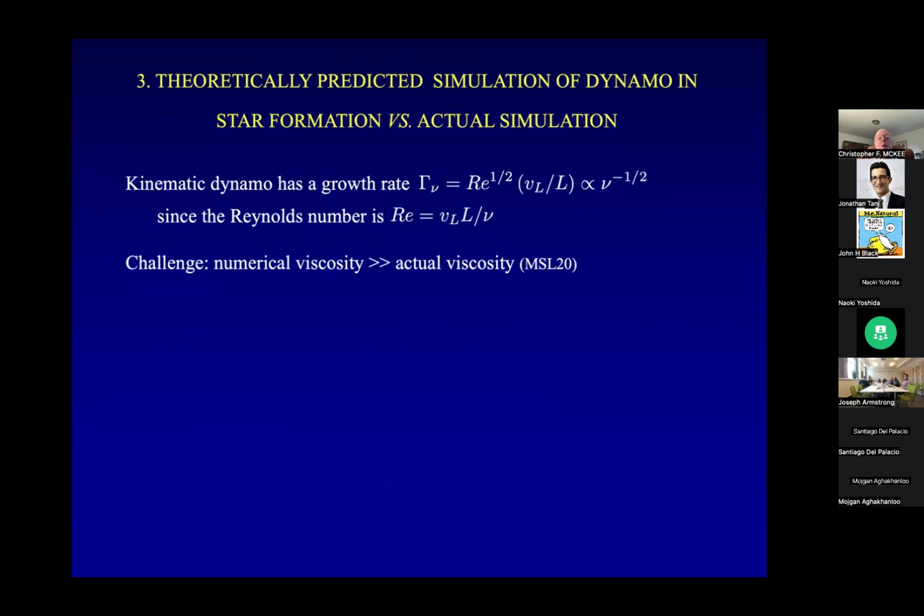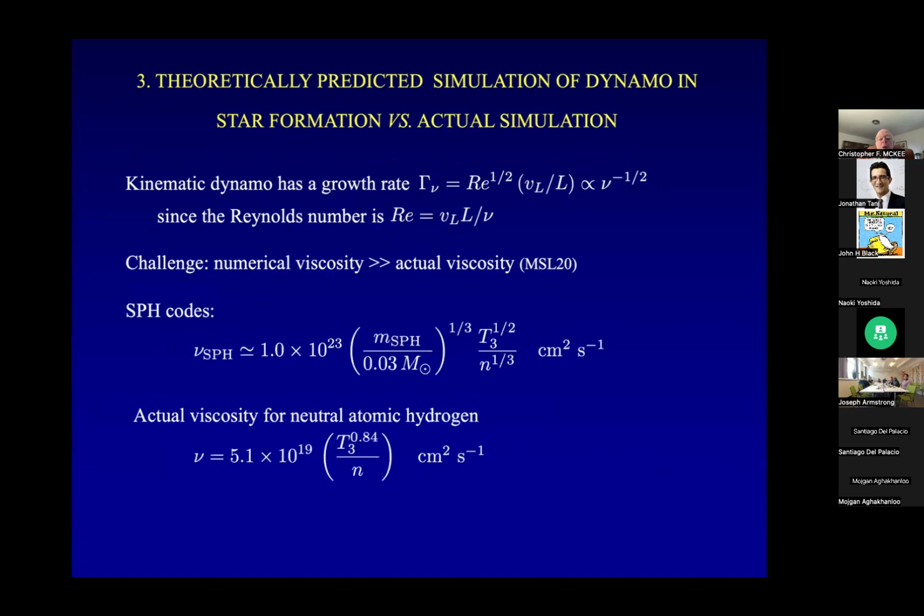Okay, now we're going to talk about the theoretically predicted dynamo in star formation versus the actual simulation. The key point is that the kinematic dynamo, as we've said, has a growth rate that goes like the square root of the Reynolds number. The Reynolds number goes inversely with the viscosity, so the growth rate goes inversely with the square root of the viscosity. The problem is that in a numerical simulation, the numerical viscosity is much greater than the actual viscosity.